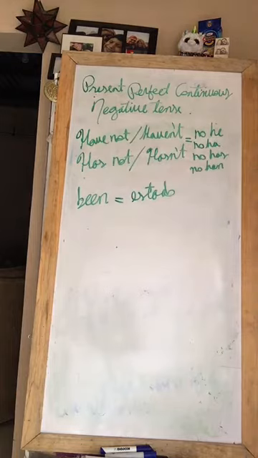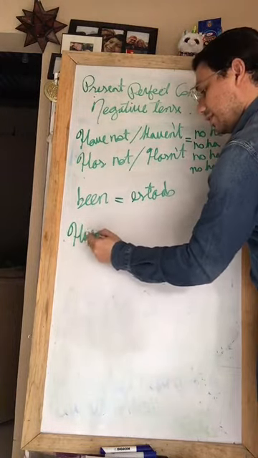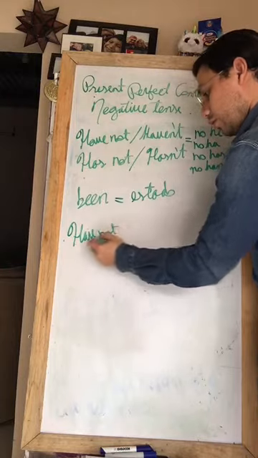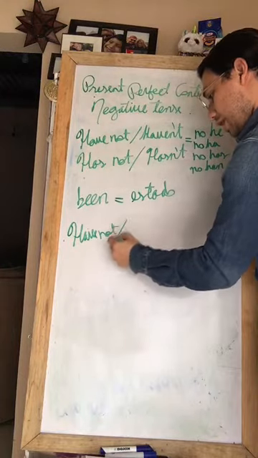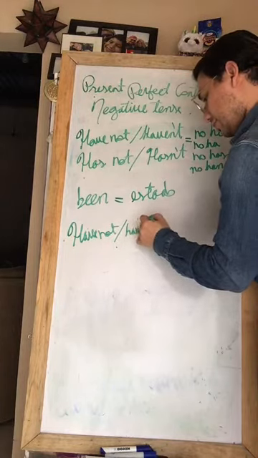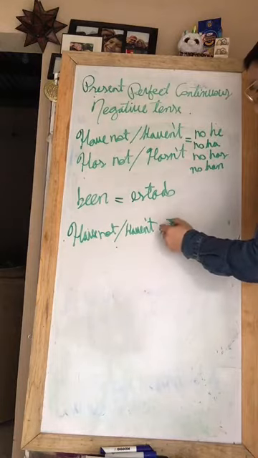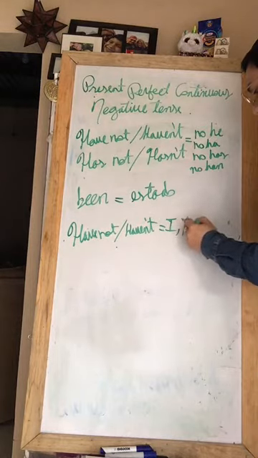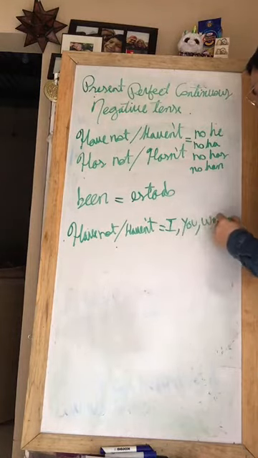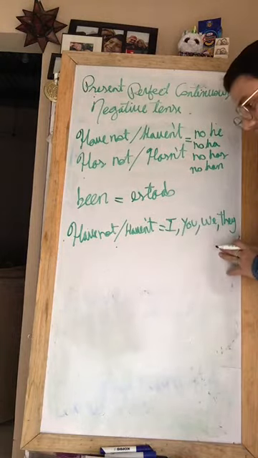Now, remember something. Have not, or haven't, will be for I, you, we, and they. Only for this.